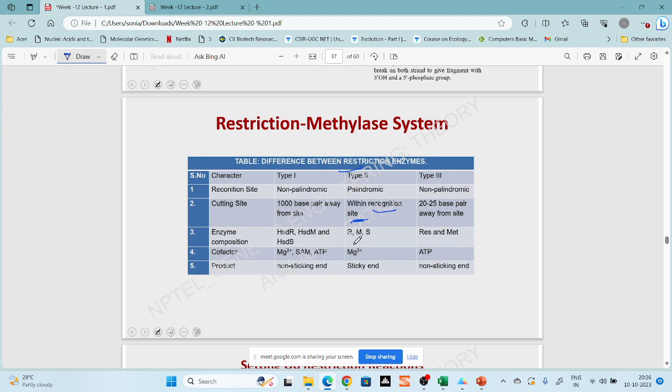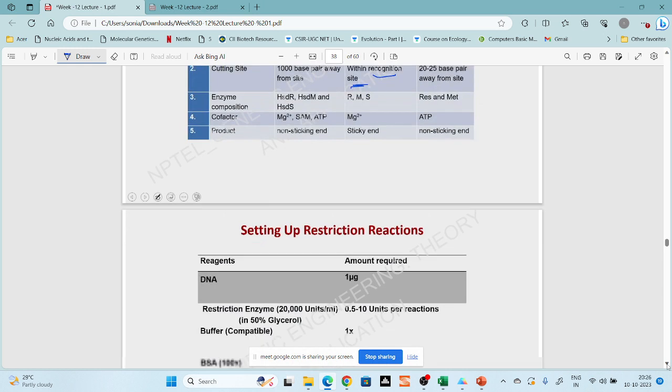Also, you can see here that type 2 produces sticky ends. I'm not sure about this point, because we do have some enzymes that cut at the recognition sequence and produce blunt ends also.